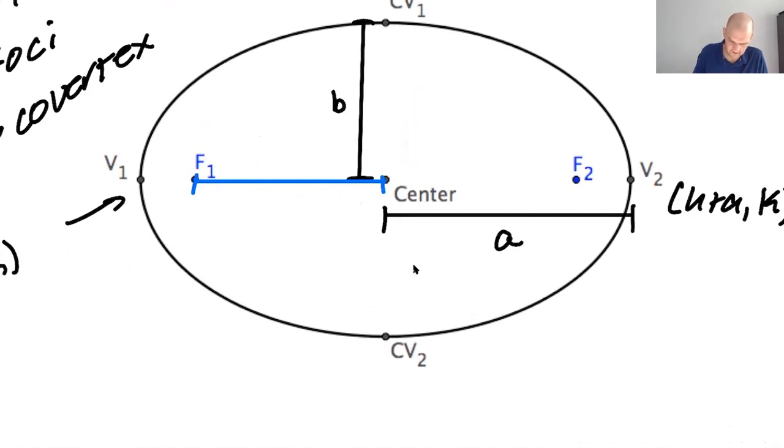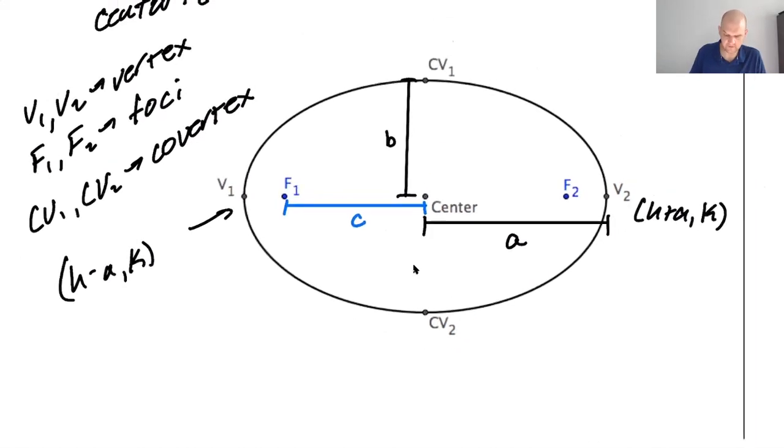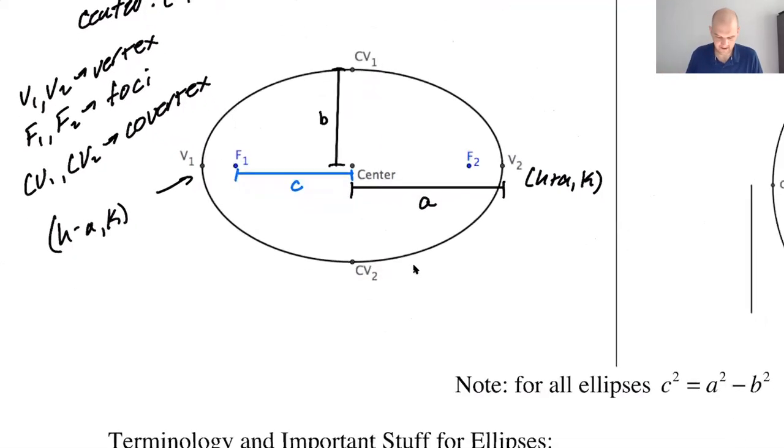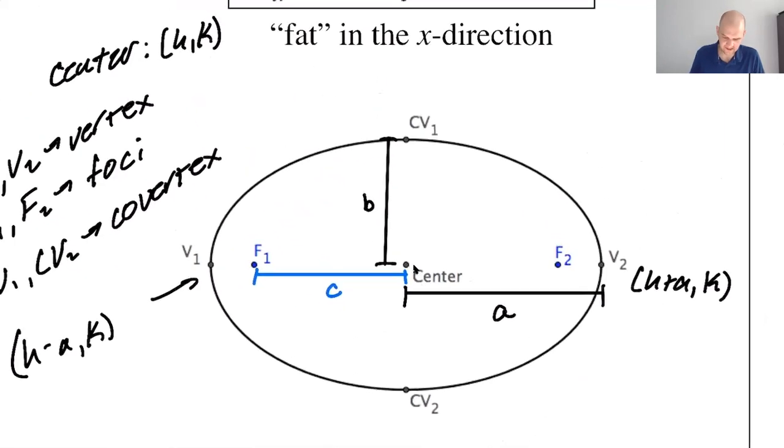So I think that'll get it all. Does it? Nope. I think I had my hand on it. There we go. Okay, so this distance is c. From center to vertex is a, from center to covertex is b, from center to focus is c. Okay, that's a lot, but it's not hard to work things out.